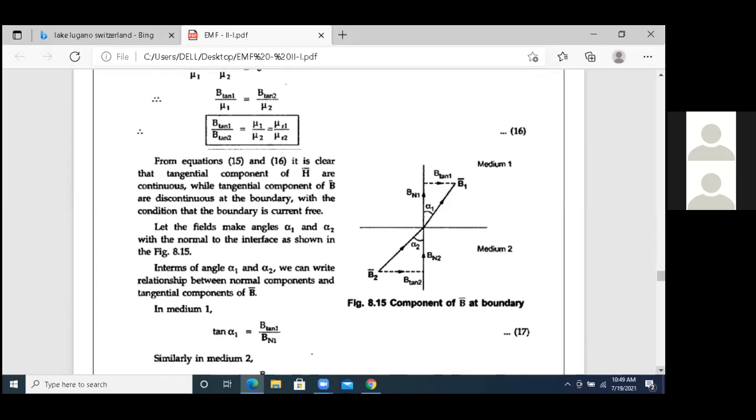So if K or I equals 0, B tangential 1 equals B tangential 2.